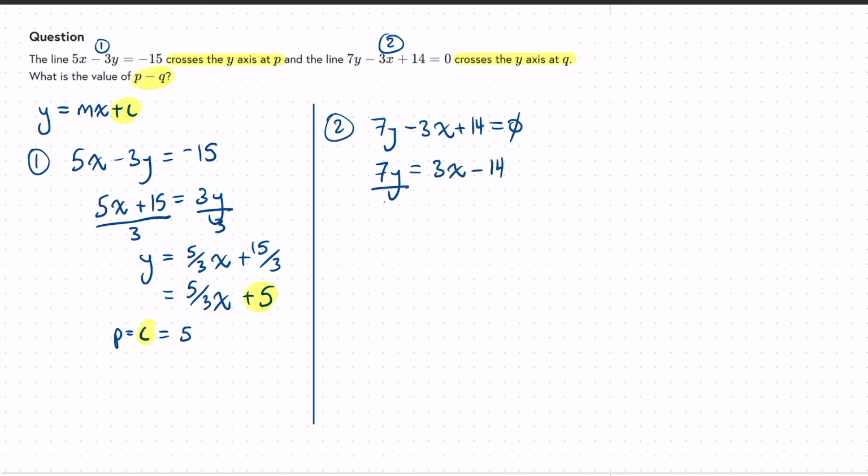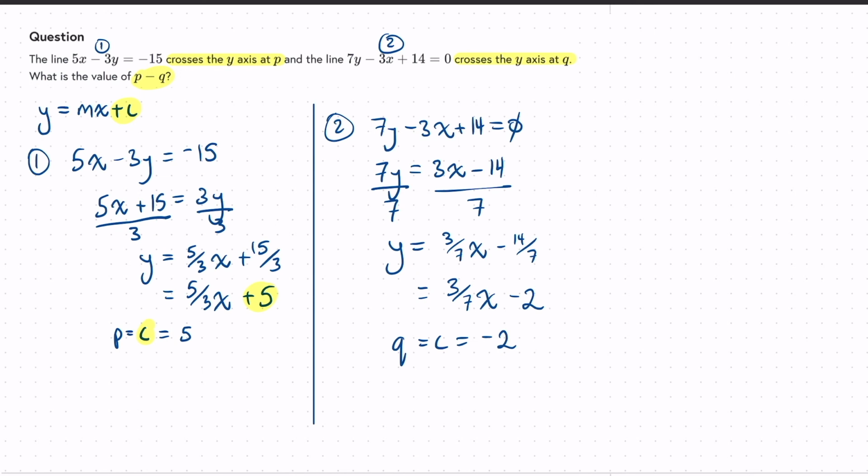Dividing both sides by 7, giving me 3/7x minus 14/7, which simplifies to this right here. And again, q is equal to c, which is equal to minus 2. This value here is c.